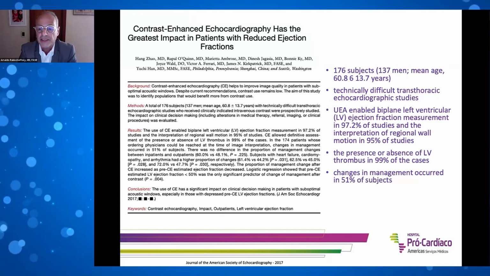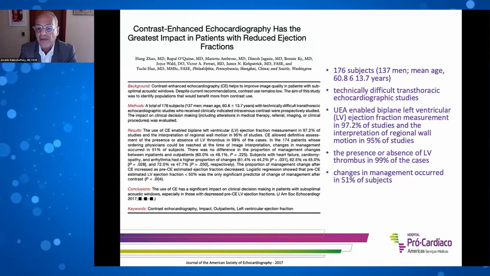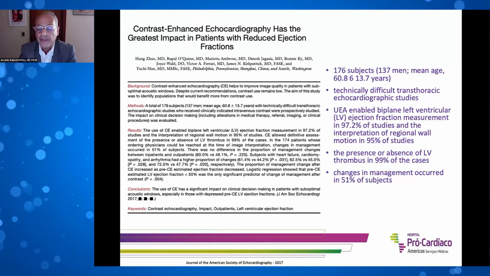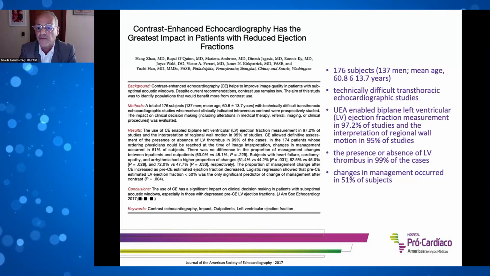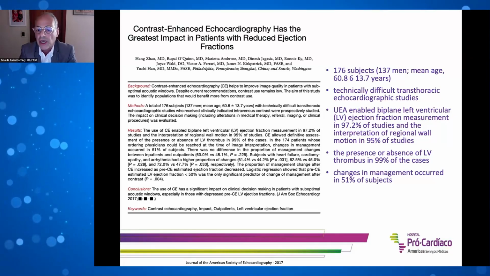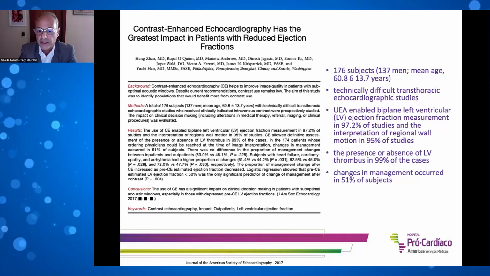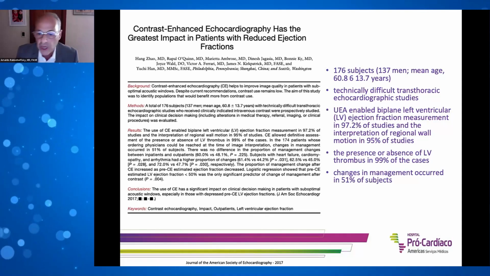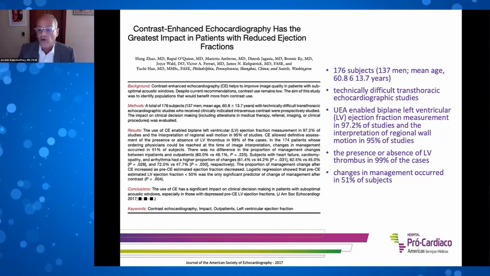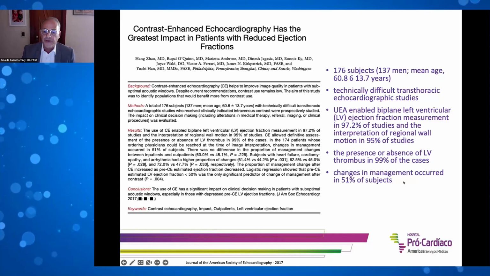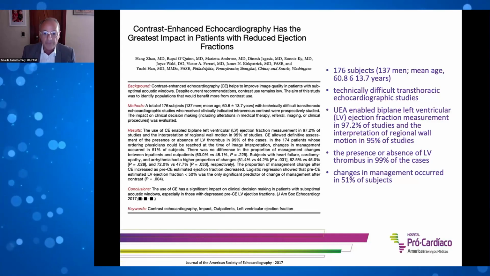Ultrasound enhancing agent enabled biplane left ventricular ejection fraction measurement in 97% of studies, and interpretation of regional wall motion in 95% of studies. The presence or absence of left ventricular thrombus was determined in 99% of cases. Change in management occurred in 51% of subjects.